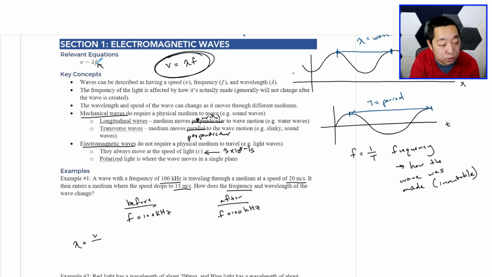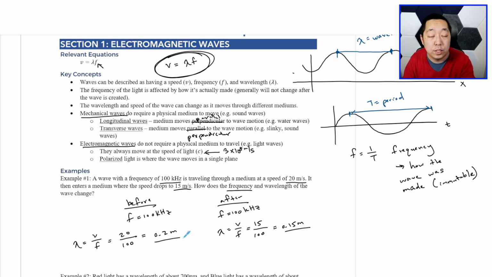If I just rearrange this, it's v over f, so this would be 20 over 100, right? And that's 0.2 meters. And here the wavelength would be 15 over 100, which is 0.15 meters. So the wavelength reduced by 0.05 meters. So it got a shorter wavelength, and that's why it slowed down. But the frequency didn't change.